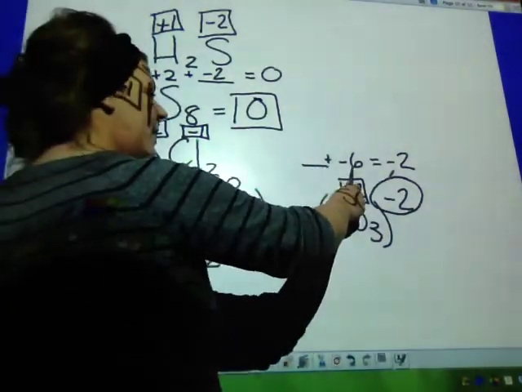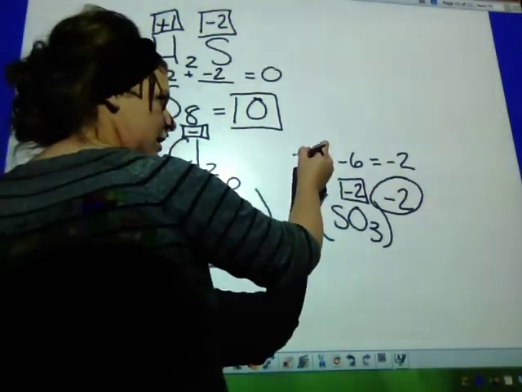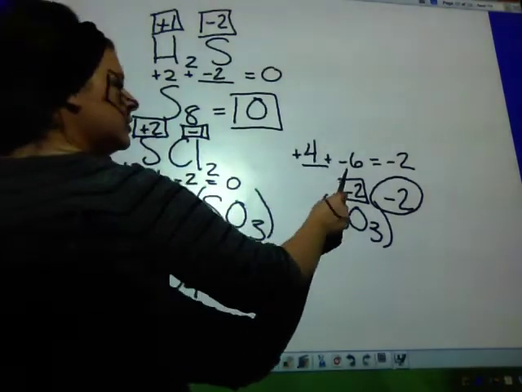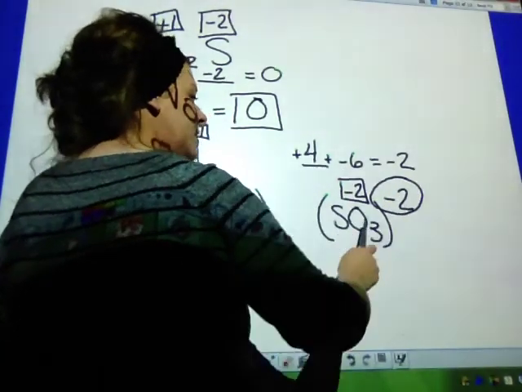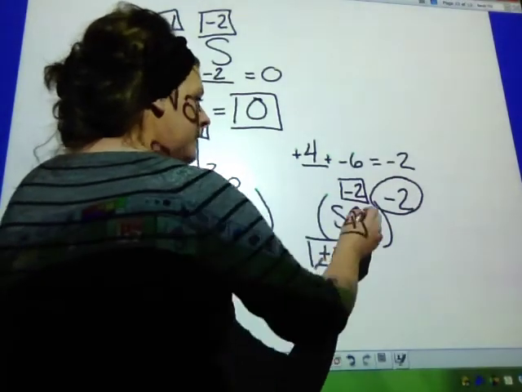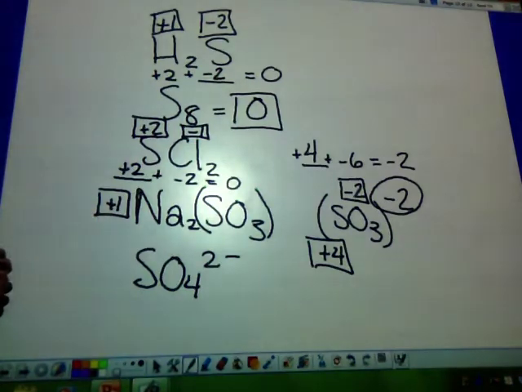So something plus -6 equals -2, so that has to be +4. So sulfur must have a +4 oxidation number. Oxygen has a -2. Sodium has a +1.